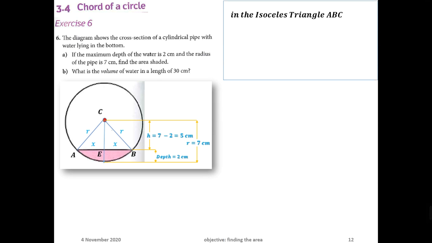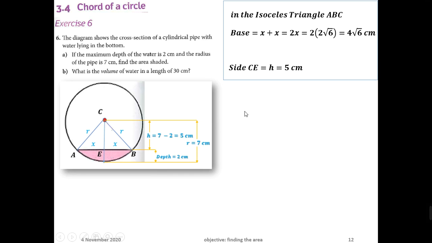So in the isosceles triangle ABC, the base, which is AB, is equal to x plus x, or we can write it as 2 times x, so it's going to come down to 4 square root of 6 centimeter, and then side CE, which is the perpendicular height on the base, and it is h, which is equal to 5 centimeter.